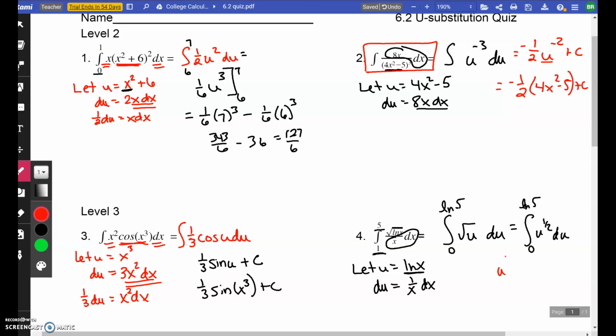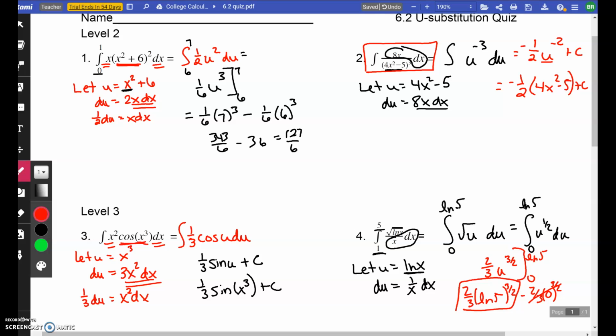I'm going to add 1, multiply by the reciprocal, and then go from 0 to ln 5. So we've got 2/3 ln 5 to the 3/2 minus 2/3 times 0 to the 3/2. Plug in the top number, plug in the bottom number, and subtract. That becomes 0, so that is my answer.